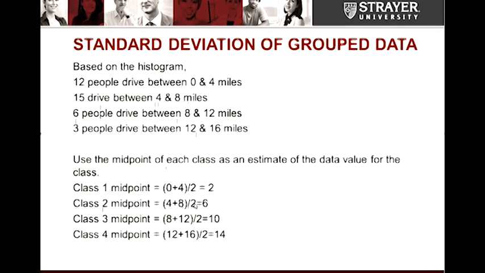Second class, 4 plus 8 is 12, divided by 2 is 6. Class 3, 8 plus 12 is 20, divided by 2 is 10. In class 4, 12 plus 16 is 28, divided by 2 is 14. So our midpoints are 2, 6, 10, and 14.